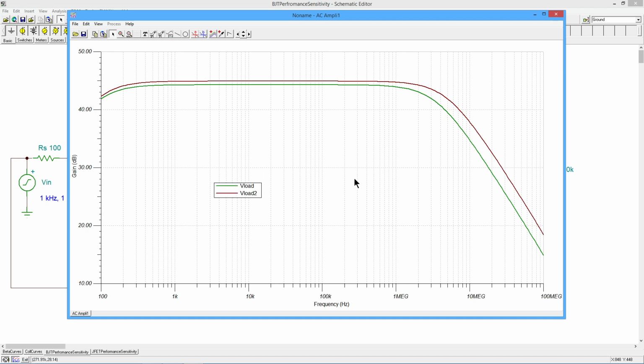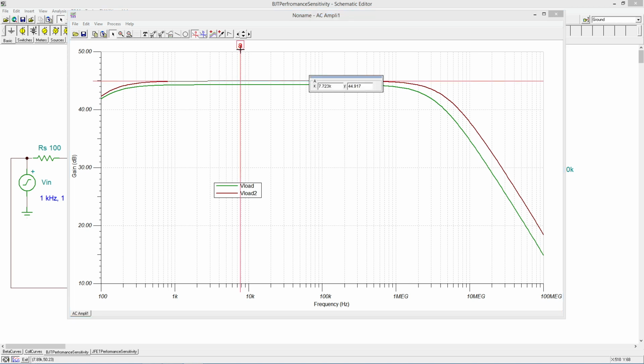Well, first thing I'm going to say is these curves are not identical. They're very similar, but they're not identical. VLoad 2, the second transistor circuit with the higher voltage, we can see first of all has a higher gain. It also appears to go out farther, and we can check this with our little probes here.